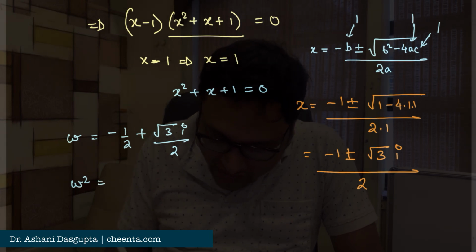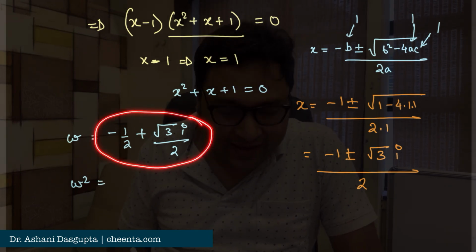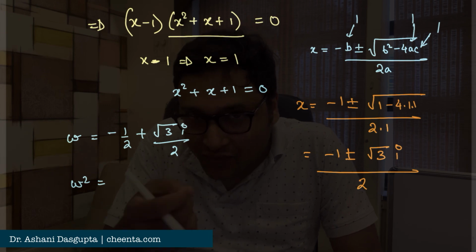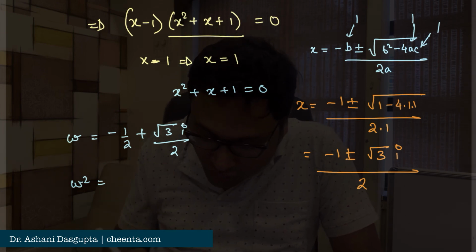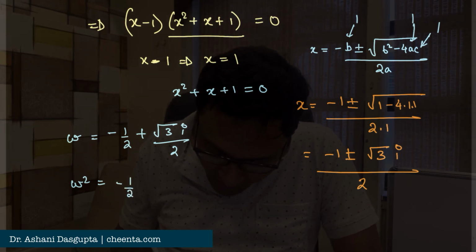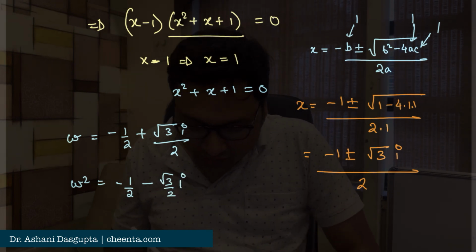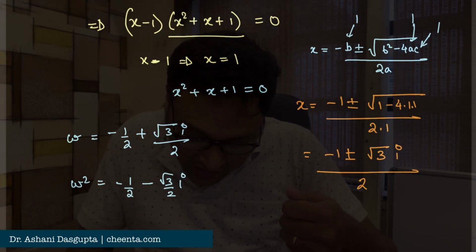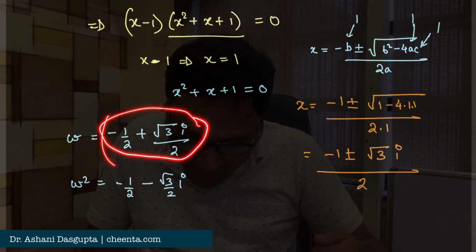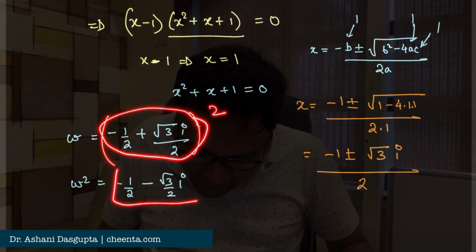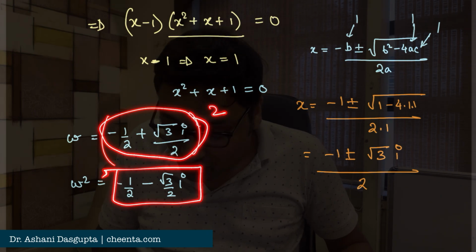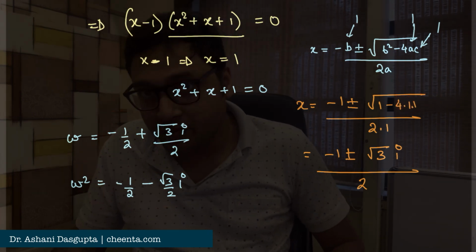So you can just check. If you square this number, you will get the other root, minus half minus square root of 3 by 2i. This is something you can check. Take this complex number, square it, and you will see that you get the other root that we got from here.